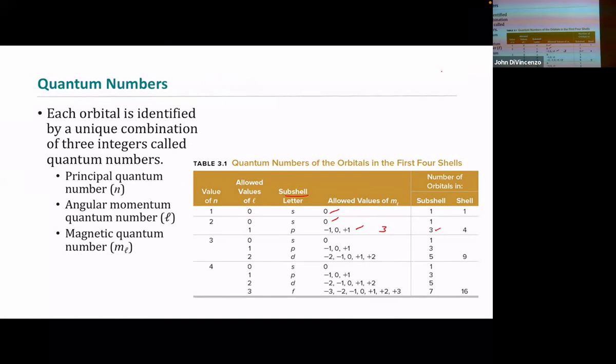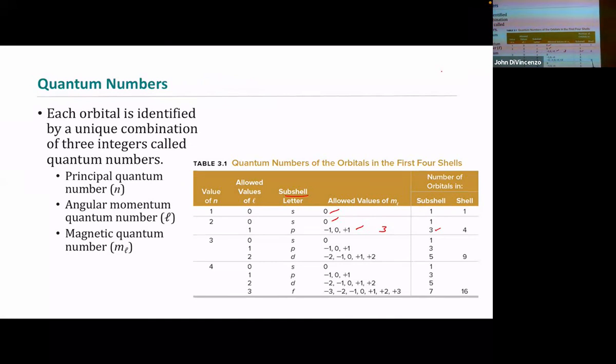That's all it is. That's a good question. It's just the math, just the way it works out. Also, the number n squared is the total number of orbitals in the shell.